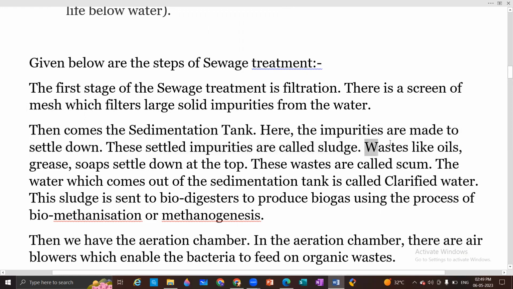But there are certain wastes like oils, grease, soaps which settle down at the top. These wastes are called scum. The water which comes out of the sedimentation tank is called clarified water. Now this sludge and scum which we have obtained after the sedimentation is sent for production of biogas, thus helping in production of energy as well.